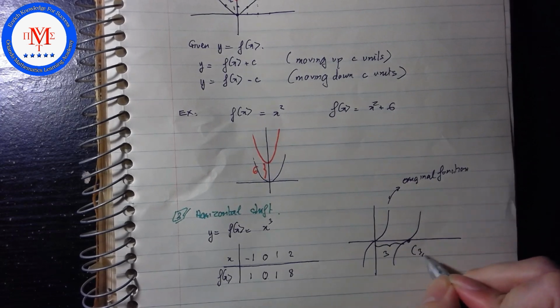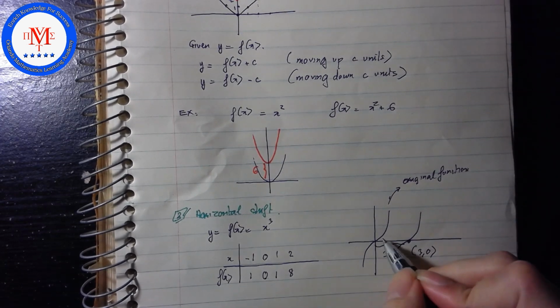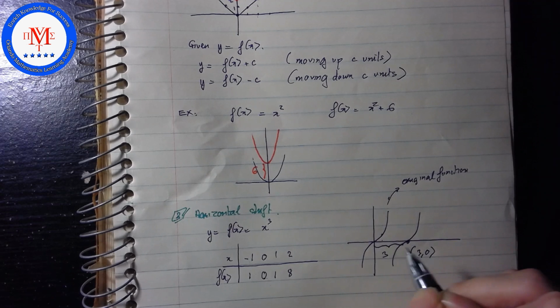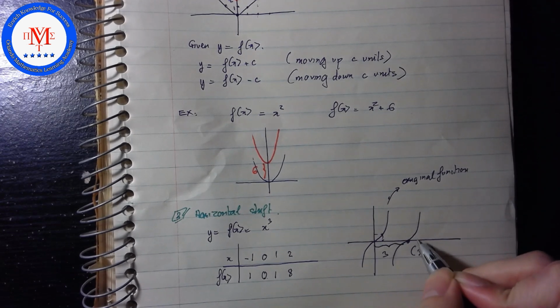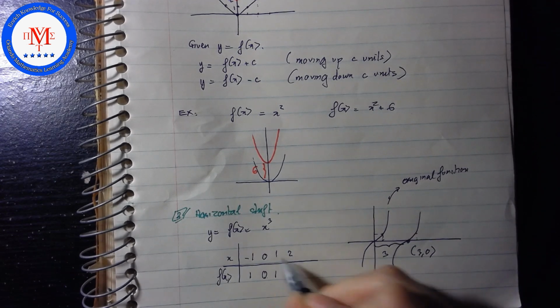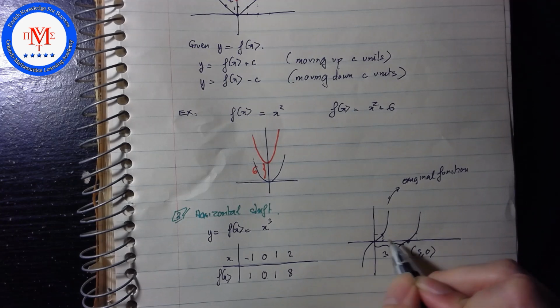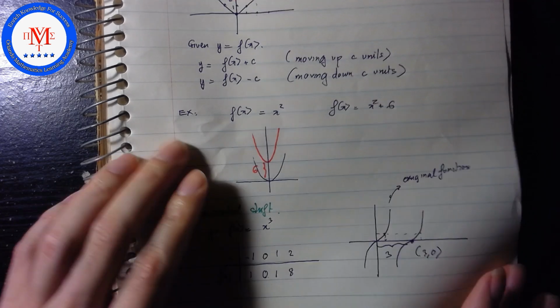Instead of having 1, 1, we have 4, 1. Okay, so what I said is right. This is one example.